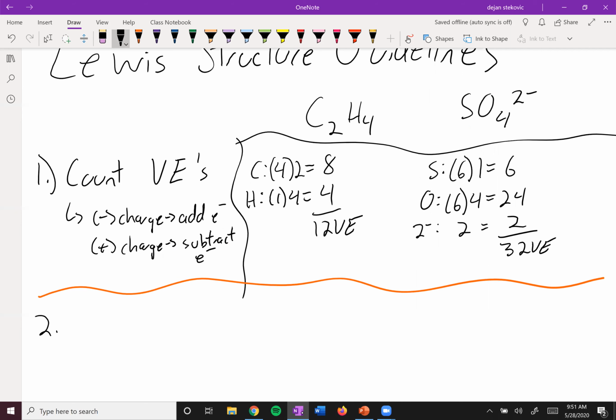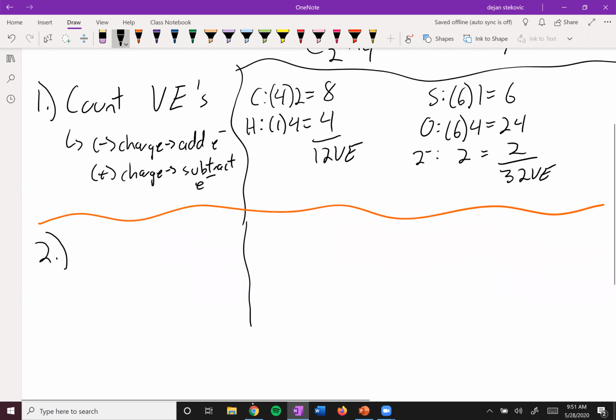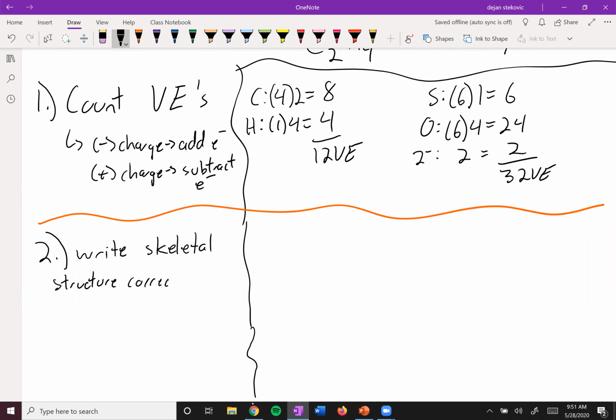After you've counted your valence electrons, the next step is that you want to draw your skeletal structure, but the key here is to do it correctly. I'll give you some hints, but some of this is practice.